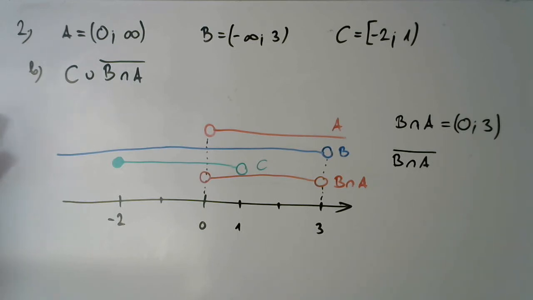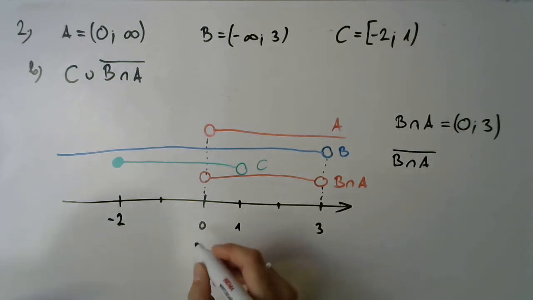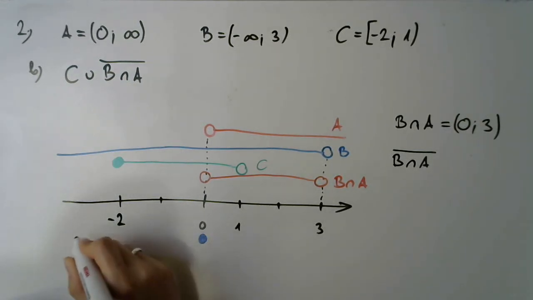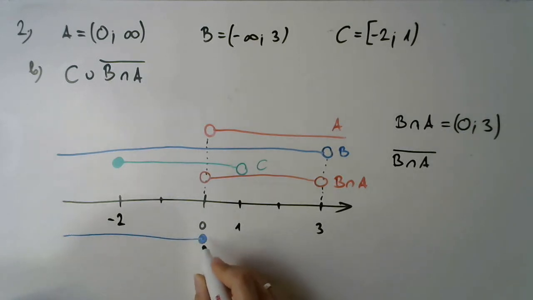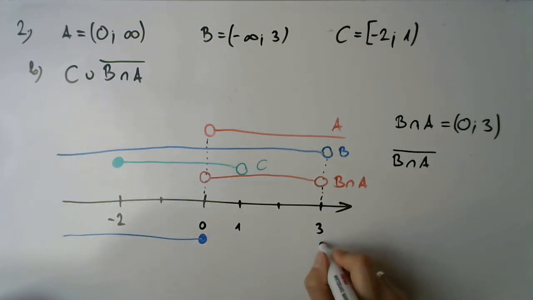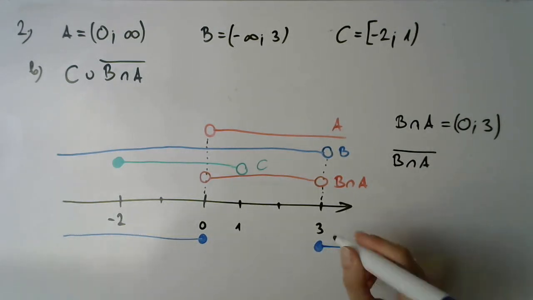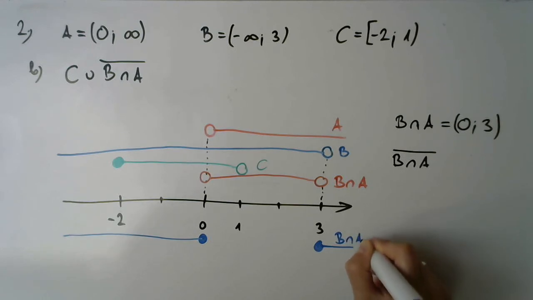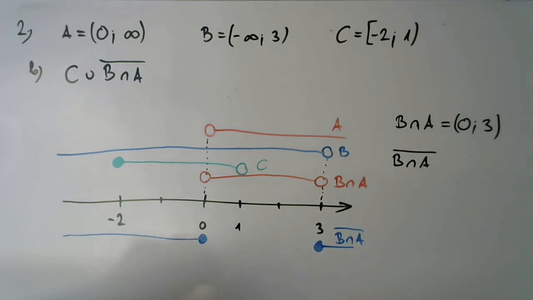So the complement of this means numbers that are less than or equal to 0 or greater than or equal to 3, which means this is the union of two intervals. One of the intervals is from negative infinity to 0, closed, and the other one is from 3 to positive infinity, closed at 3. By definition, if the endpoints are at negative or positive infinity, then those endpoints are open.